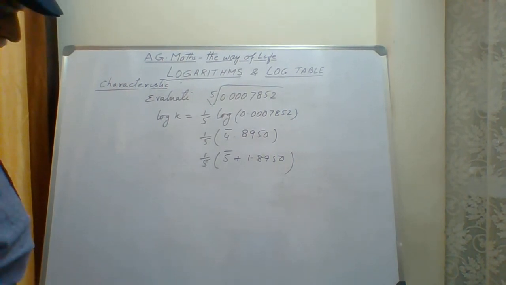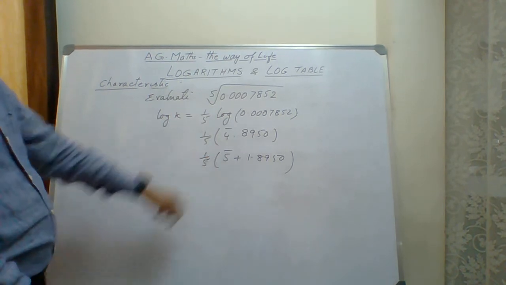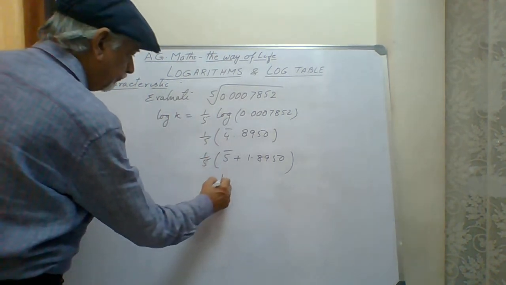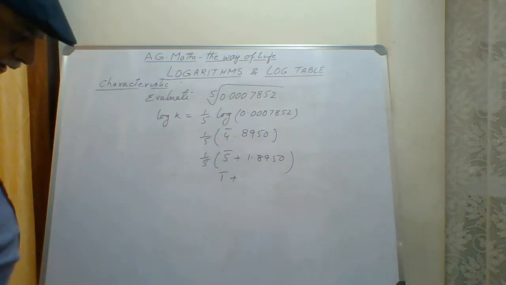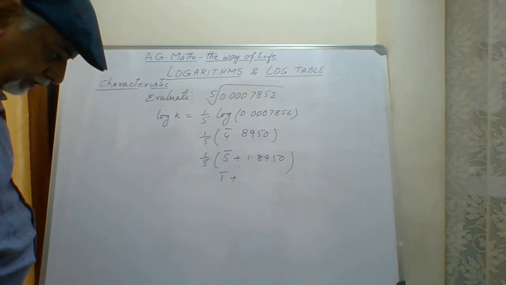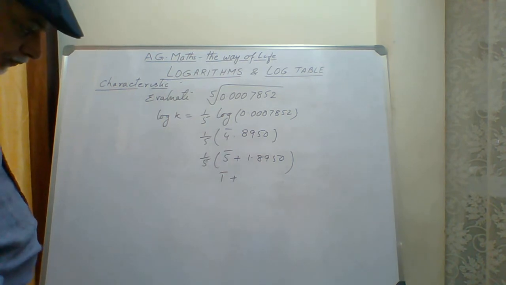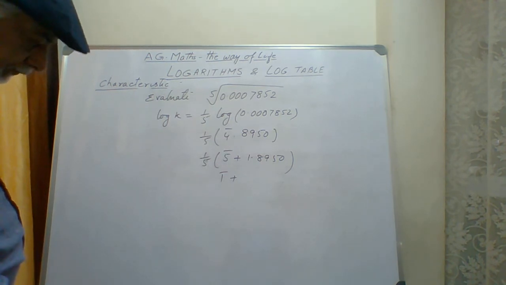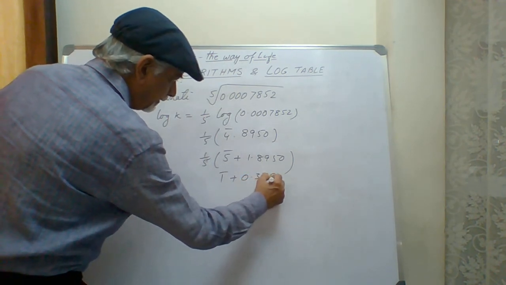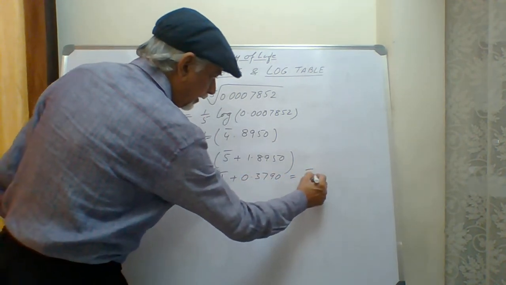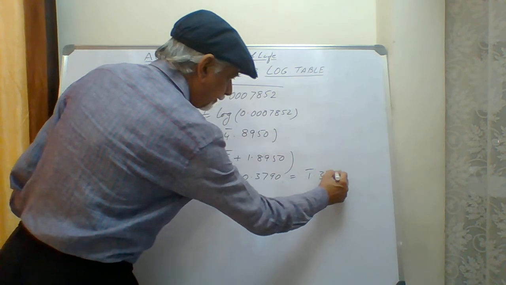So the division gives me 5 bar divided by 5 is 1 bar, plus I can divide the whole mantissa number by 5 and that value comes as 0.3790. Ultimately it is 1 bar point 3790.